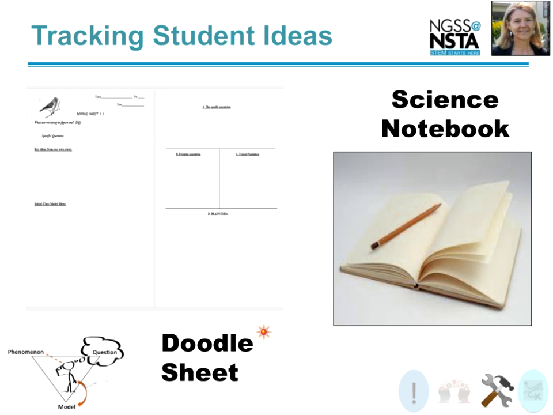I will collect them and I will give credit, no credit, but I don't grade them because this is where students write down their ideas, draw pictures, learn from a partner and write their ideas down, cross things out, add new ideas. This is really for them to take a good look at their individual thinking because, again, so much of the work is group work and group thinking as well.